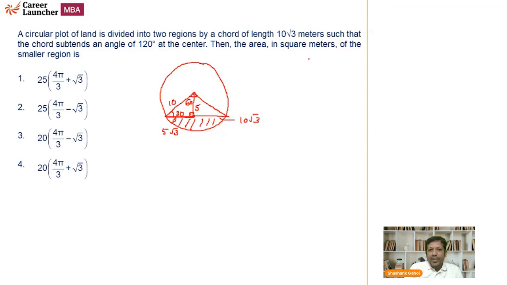In a 30, 60, 90 triangle, the ratio of sides is x, x root 3 and 2x. I'm using this concept to calculate the sides, and this is 10.